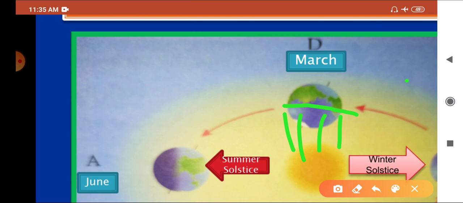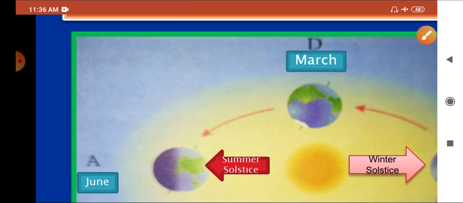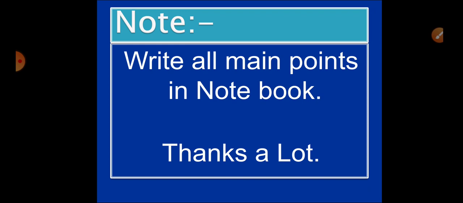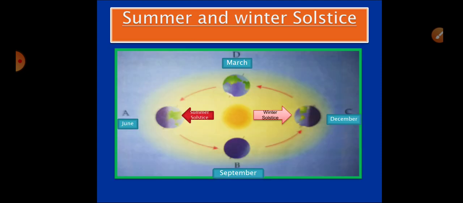And the southern hemisphere experiences the autumn season, whereas the northern hemisphere is experiencing the spring season.